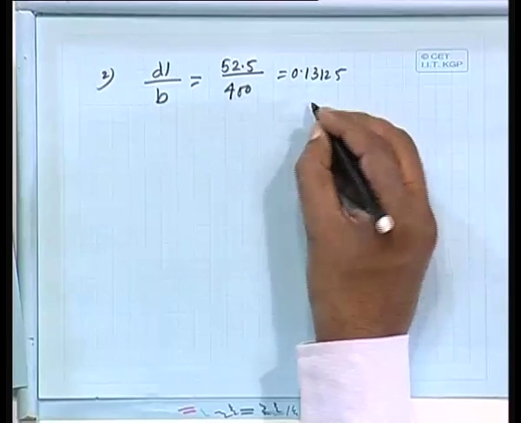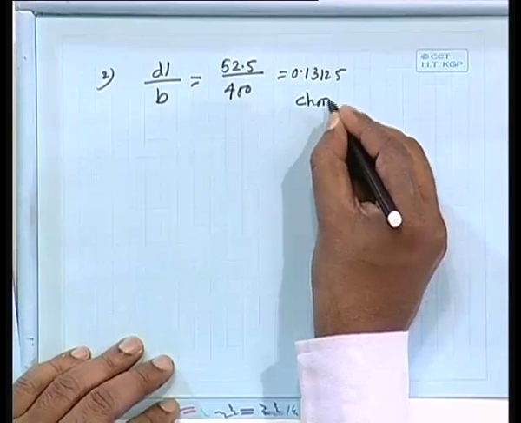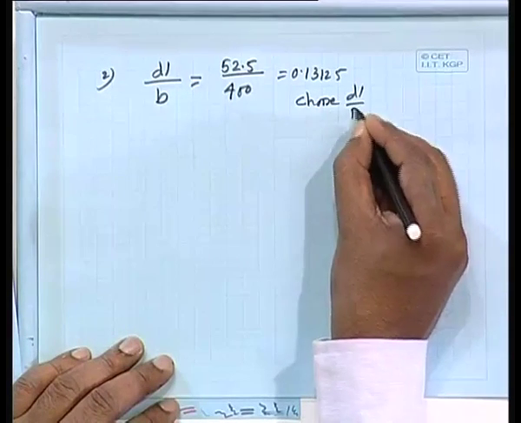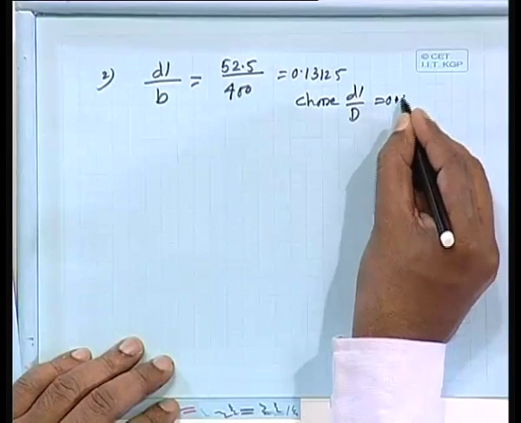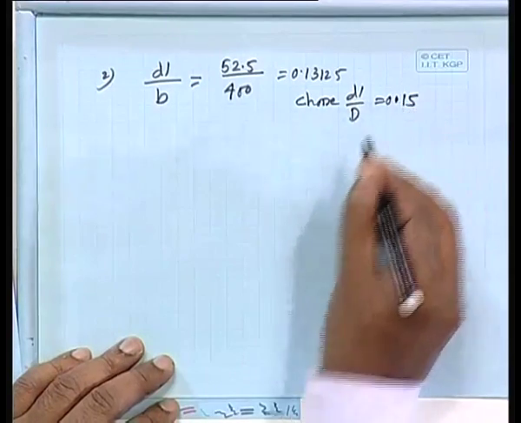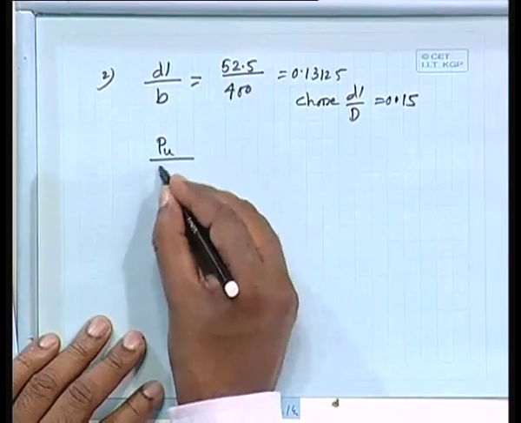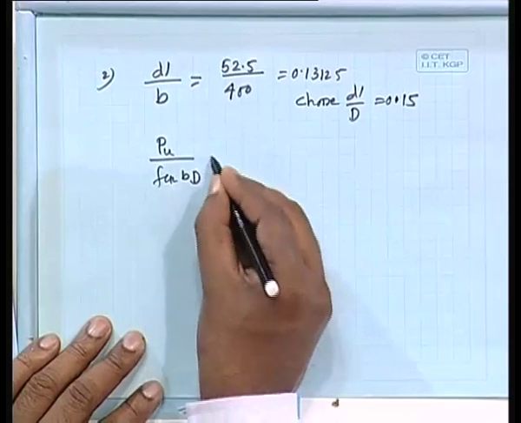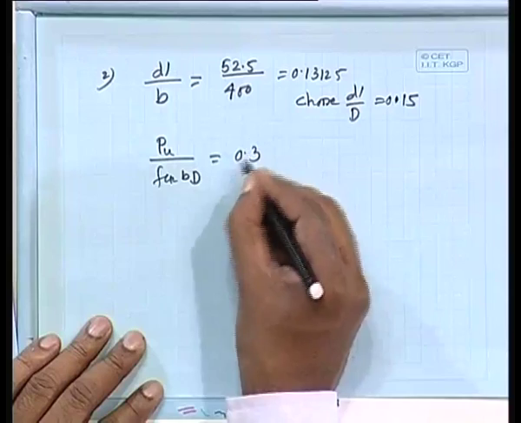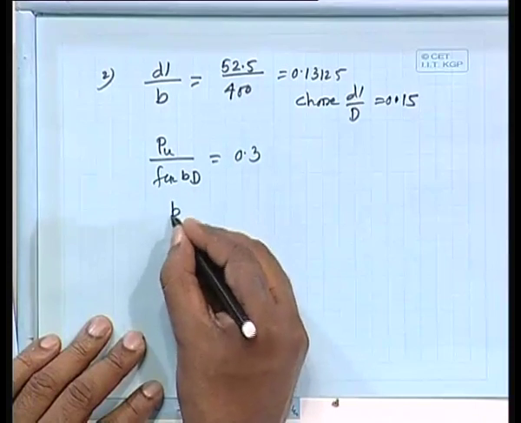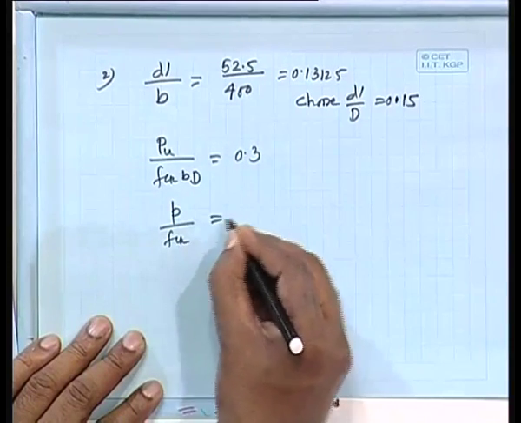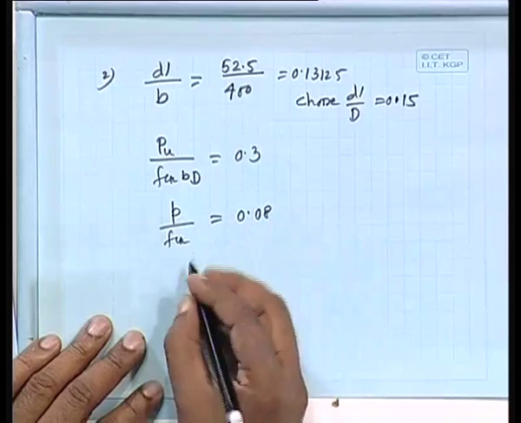So choose d dash by d equal to 0.15. I shall take that chart where d dash by d equal to 0.15. Pu by FCK BD there is no change, it will be the same, 0.3 only. P by FCK also there is no change, 0.08.